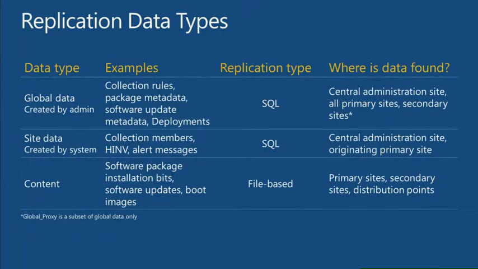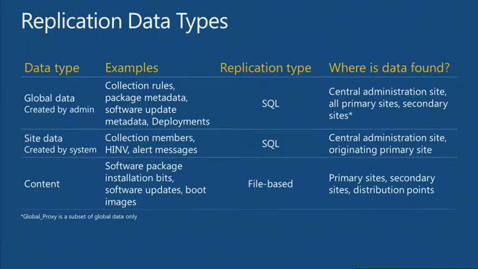So when John was talking about creating an OS image file or an application or a software update or a package, that's moved between sites through the file-based replication technology, just what you guys have today. But all of your client data, all of your administrative actions, all those objects you create outside of content get moved between sites through SQL-based replication.